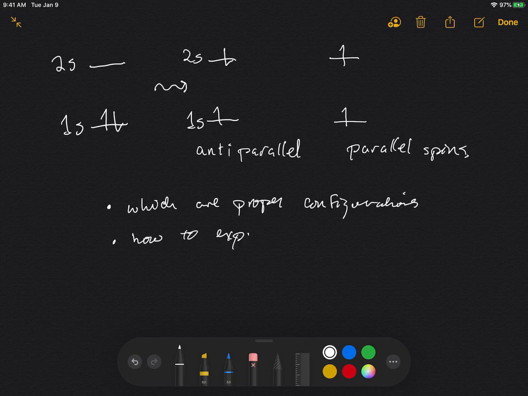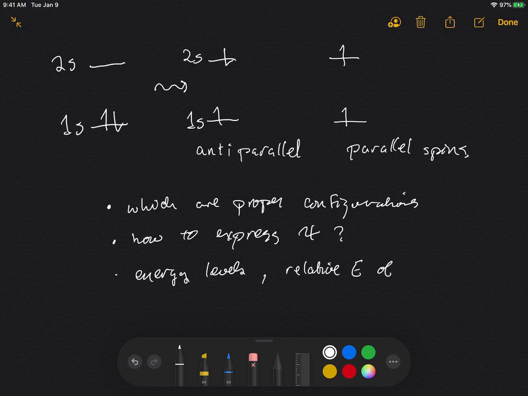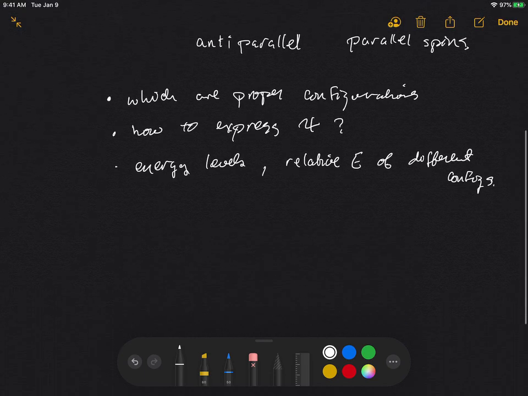How to express the wave function, and energy levels, or what are the relative energies of these different configurations. And so we'll address these questions.